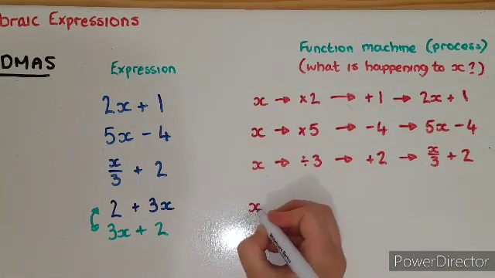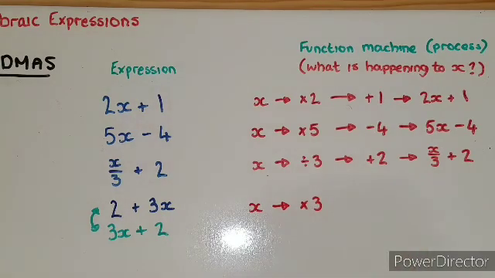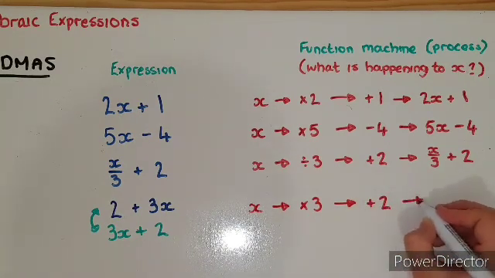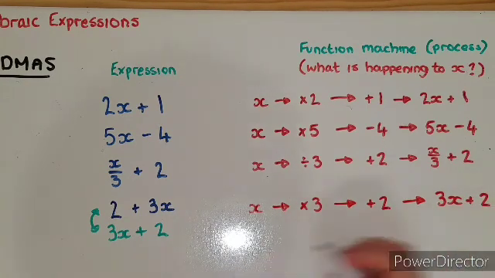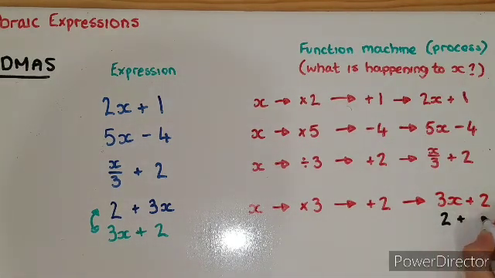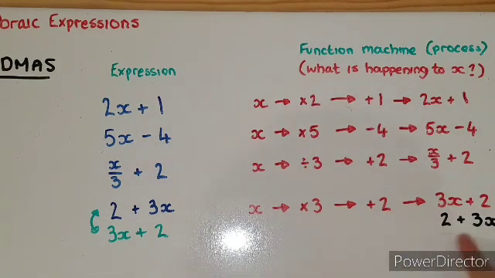So in this case I've got an x, I multiply by 3 first to get the 3x part, 3 times x gives you 3x, and then I do my add 2, which gives me 3x plus 2, or I could write it in the other order. I could rewrite that as 2 plus 3x. Okay, so those two mean the same thing because I'm doing the same two processes. I multiply by 3 and then add 2, no matter what way I've written it around.